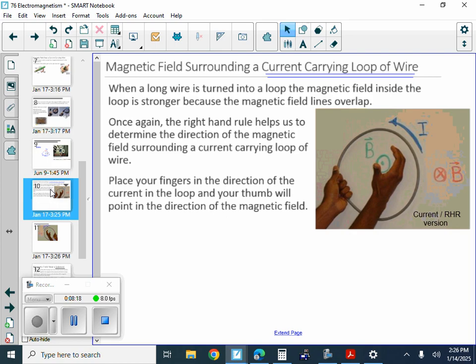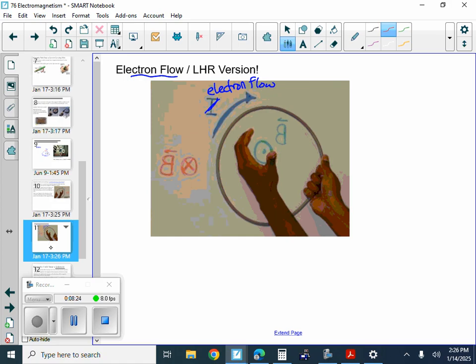I'll just show you quickly what you could do: let's do the left-hand rule version because we're talking about electrons, really. If I have electrons going this way, and I had my thumb pointed in the direction of electron flow, then I'd have my fingers curling up and around like this, right?